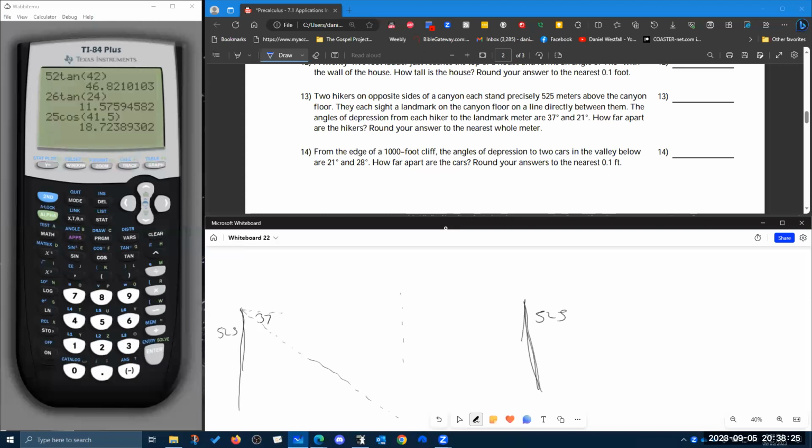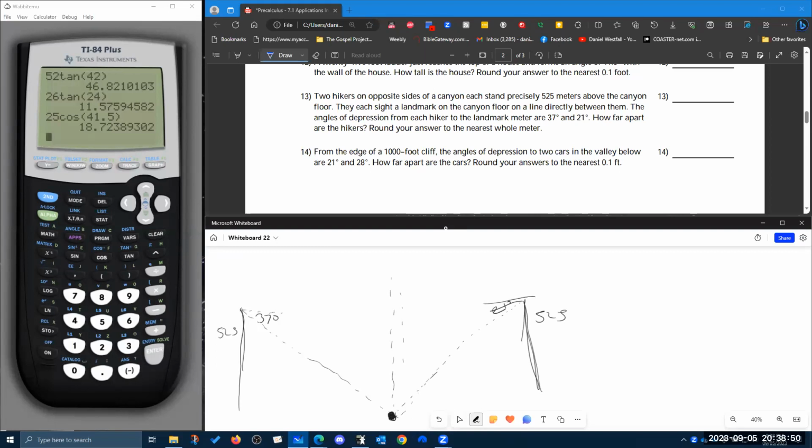So this angle here is 37 degrees. This one is looking down only 21 degrees. So this one's looking down 21 degrees, and they're looking at the same point that's down here on a line that's between them.